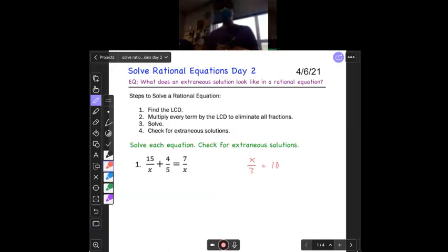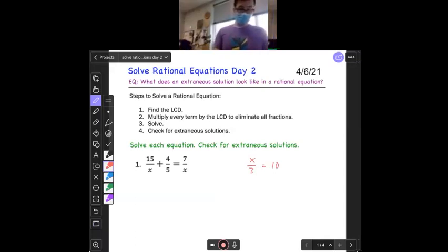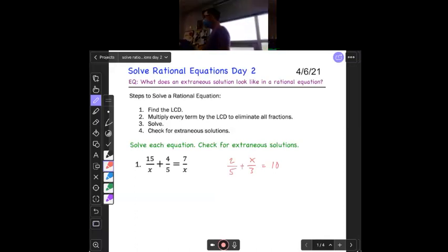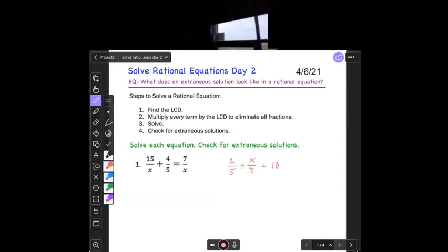Easier problem. Okay? What if, instead of having x over 3 equals 10, what if instead we have 2/5 plus x over 3 equals 10? Okay? How do we approach that? How can I get rid of the fractions? One way to think about it, we know to get rid of the 3, we should multiply by 3.